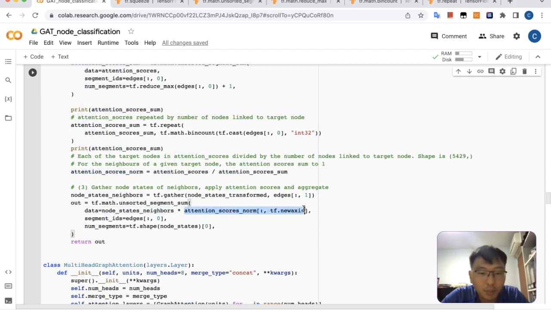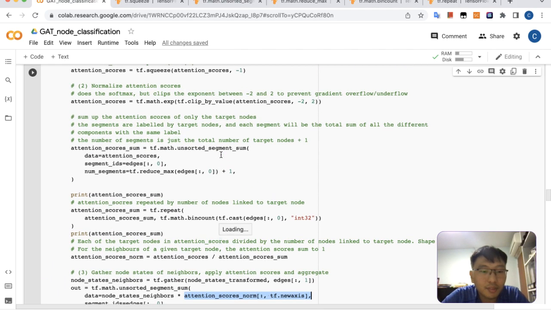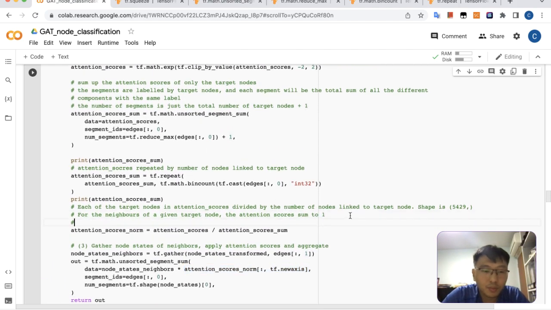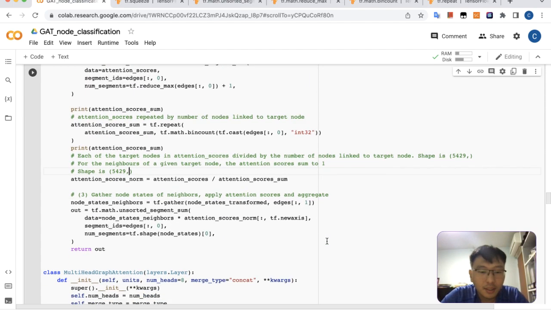Just thinking whether it can multiply or not, because the attention score norm has the shape 5429. I'm just thinking, when we do 5429 here, what is this thing? It is node states neighbors.